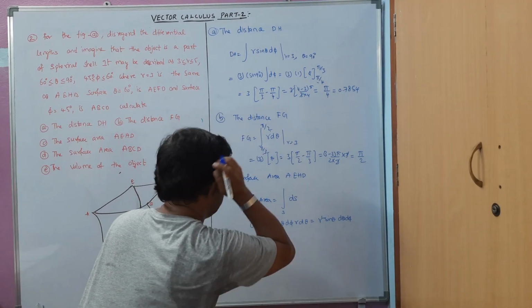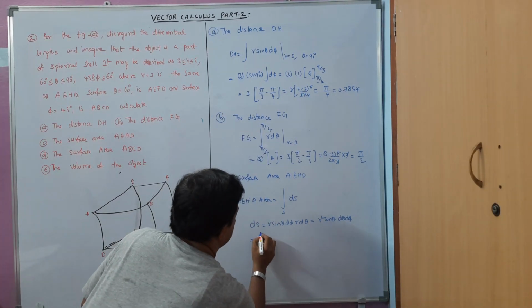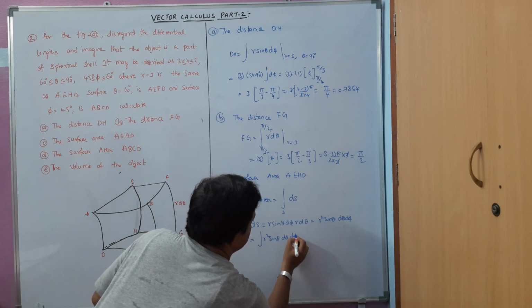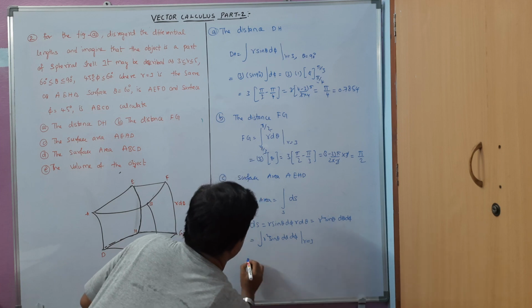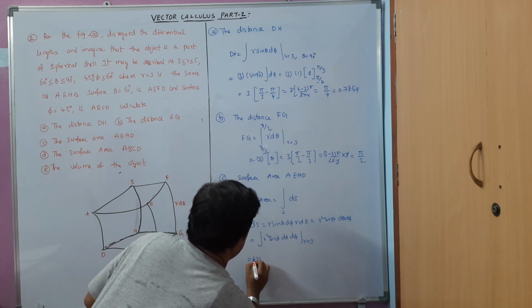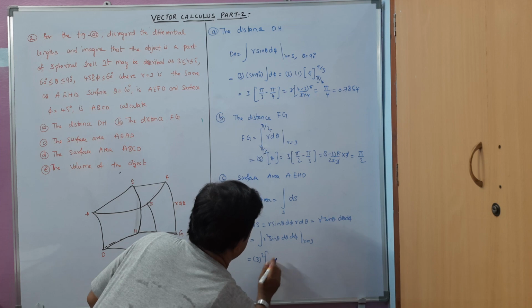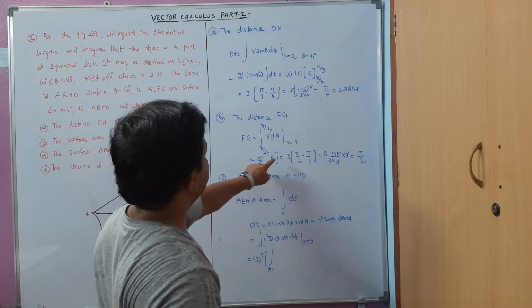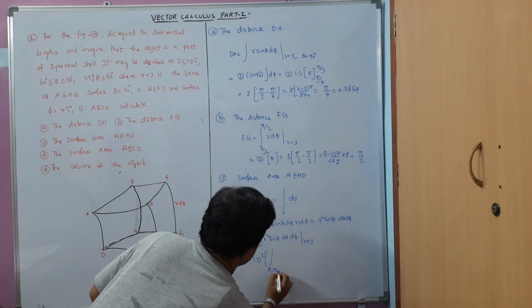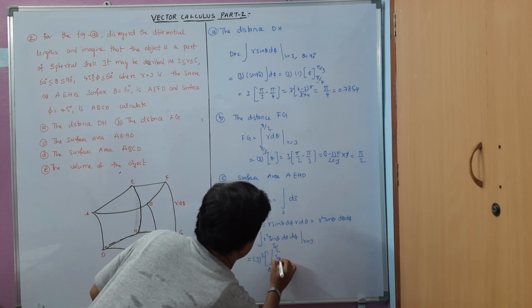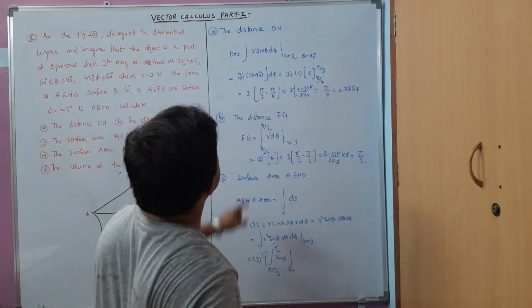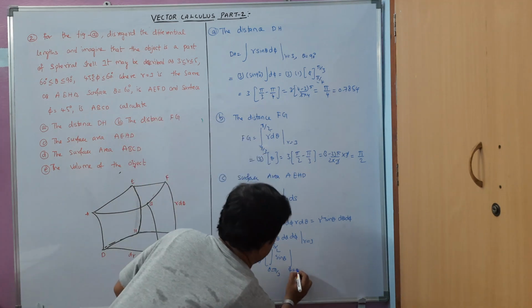Now for this r squared sin theta d theta d phi, at r equal to 3, we get 3 squared, integral of sin theta d theta, where theta goes from pi by 3 to pi by 2, times the integral of d phi from pi by 4 to pi by 3.